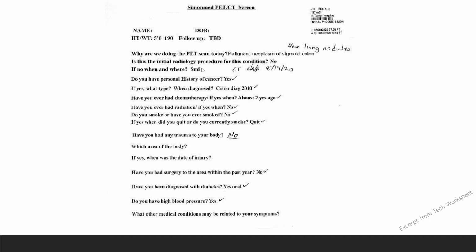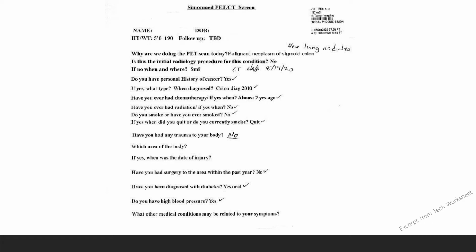This is not her initial radiology procedure for this condition because she's had CT scans in the past. Her most recent CT was the 14th of August. Like we talked about earlier, she does have a history of cancer, which is colon cancer, that was diagnosed in 2010.